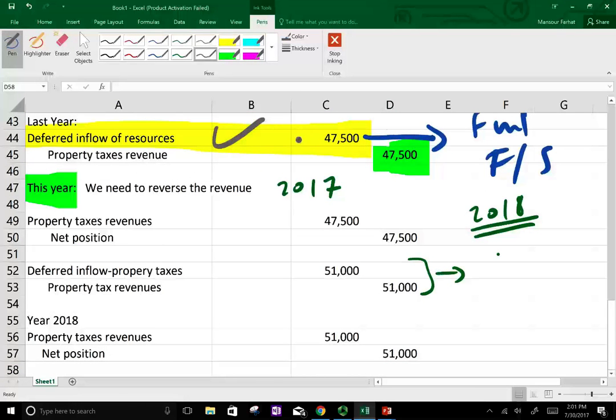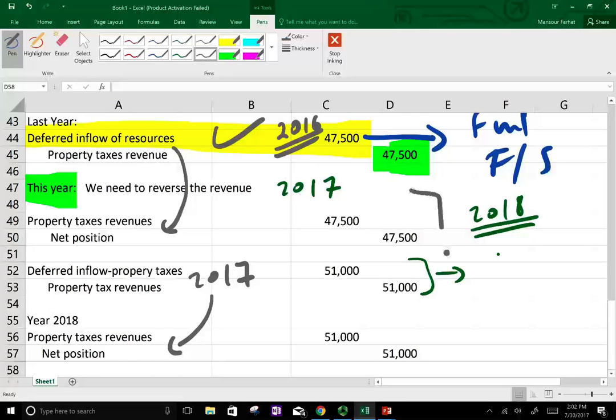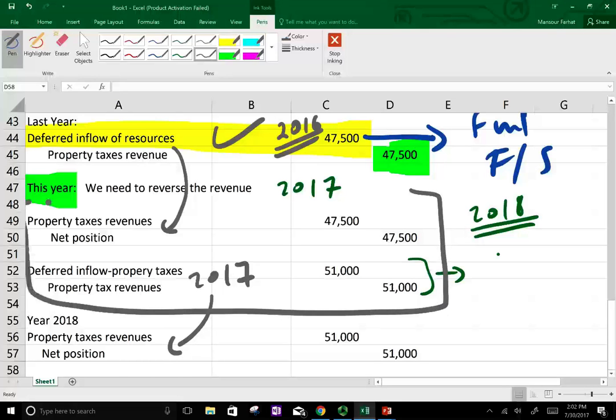So this happened in 2016. When we started 2017, we reversed it. This happened in 2017. When we start 2018, we reverse it. But as far as this example, those are the 2017 entries that we are working with.